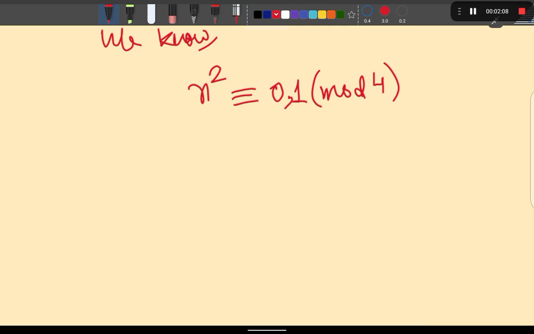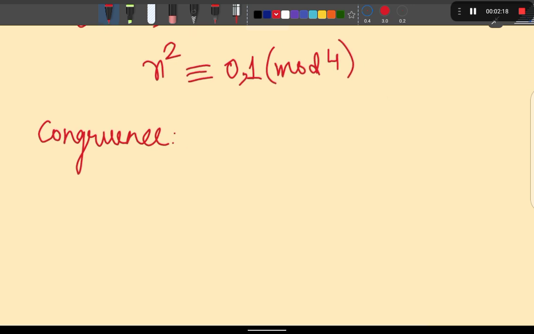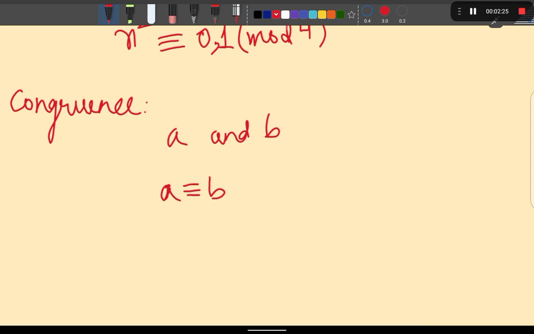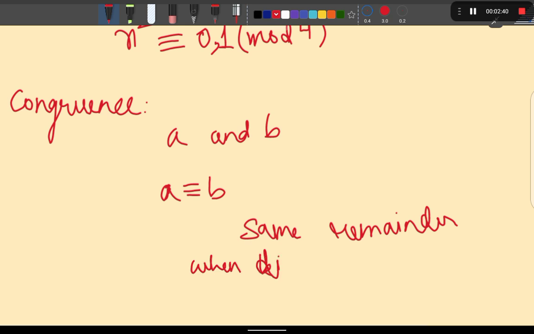So I'm going to introduce the topic of congruence now, if it is not clear. Two numbers a and b are said to be congruent to each other, a congruent b, if they leave the same remainder when divided by n.